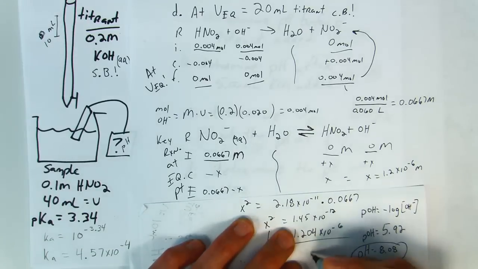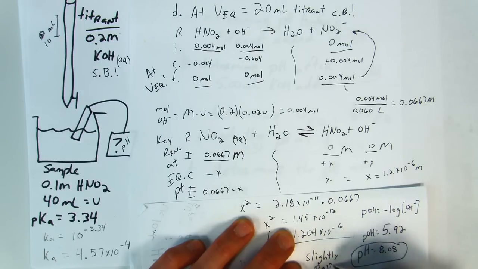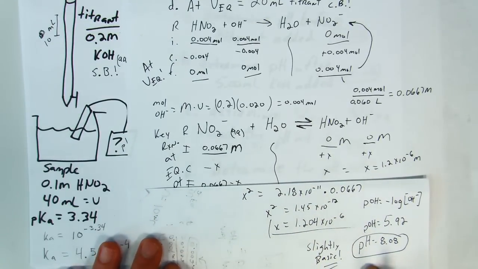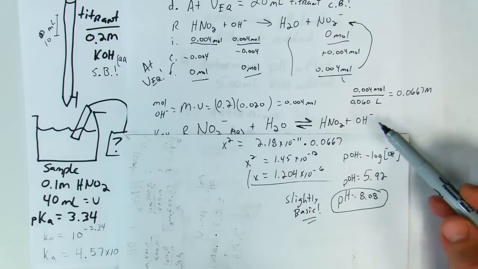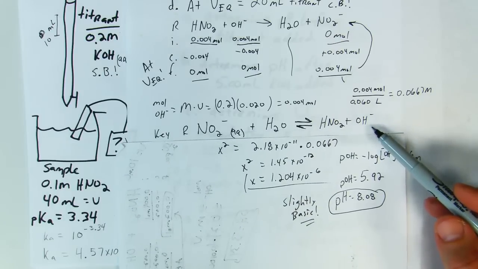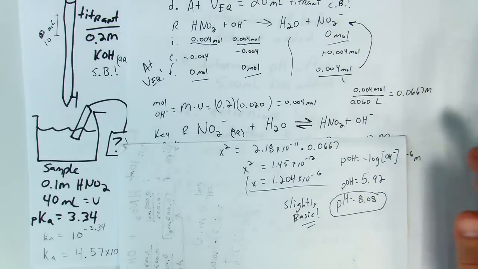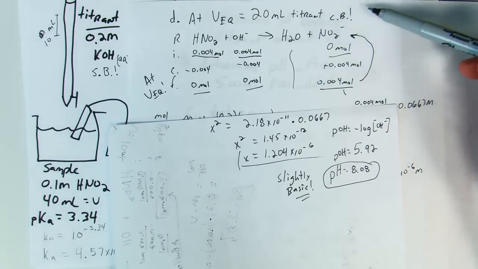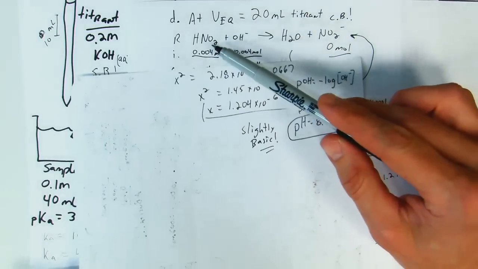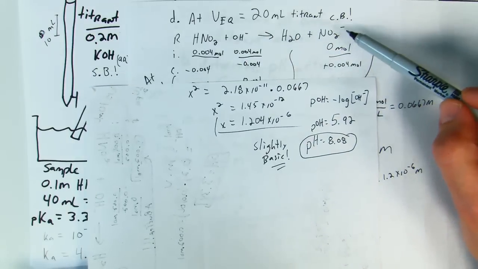And you can see that indeed the pH is slightly basic at this point, a little over 8. And the reason why is again this hydrolysis reaction of your weak base. At the equivalence point of the titration, don't lose sight of what we're doing, all of your acid was converted into the conjugate base.